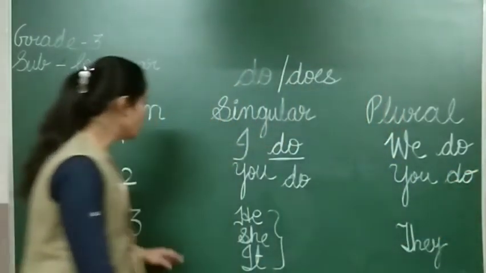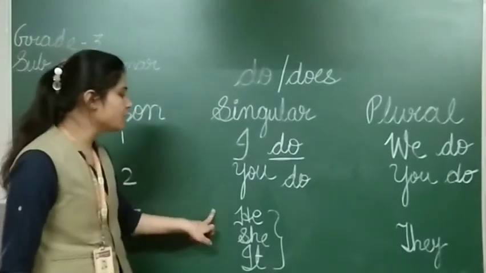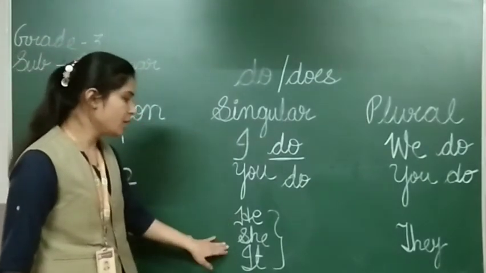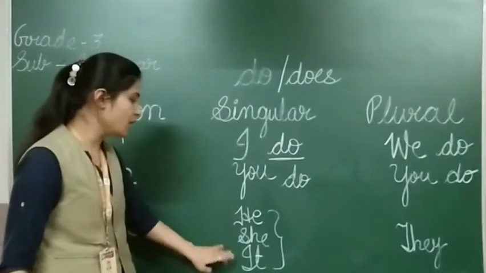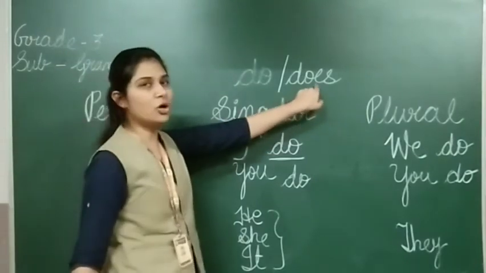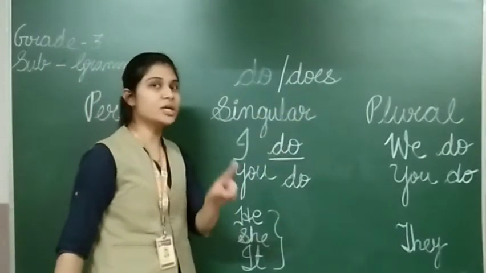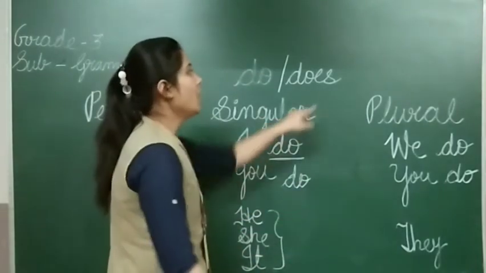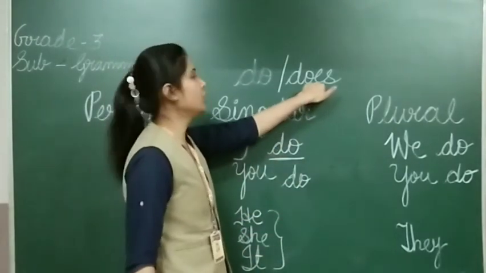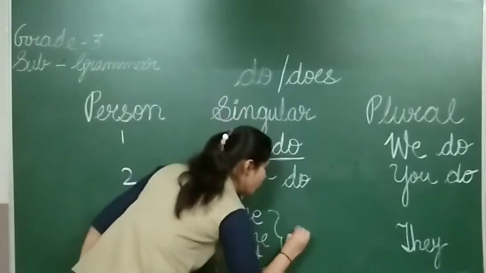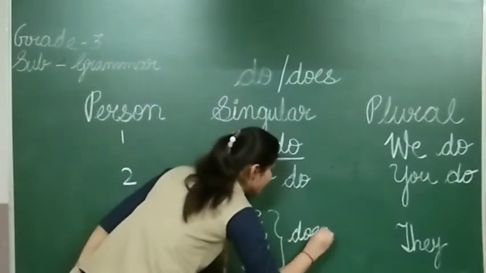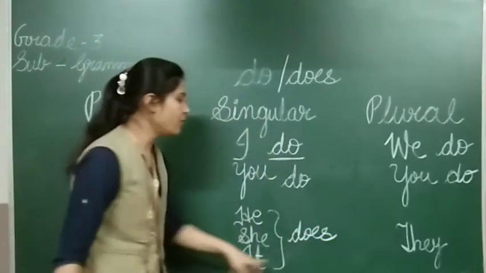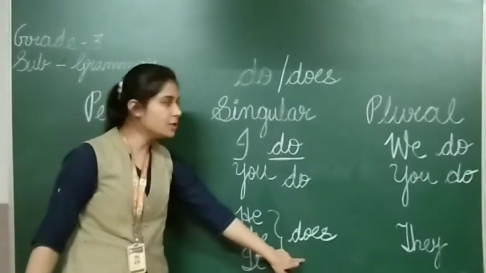Okay. Now in third person singular we have he, she, it. When our sentence starts with he, she, it, we have to use does, because in singular we were using the s form of the verb, right? It means here, when our sentence starts with he, she, it, we have to use does, right?